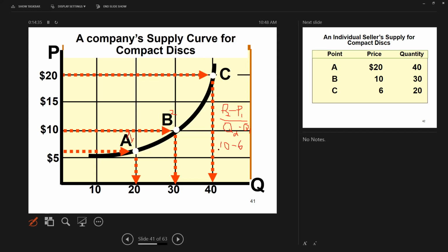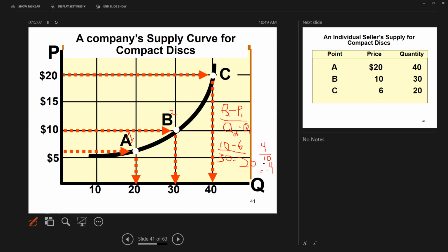That goes on top of Q2, which is 30. That's quantity supplied at the second point, minus Q1, which is 20. So that's going to give us 4 over 10 or 0.4.